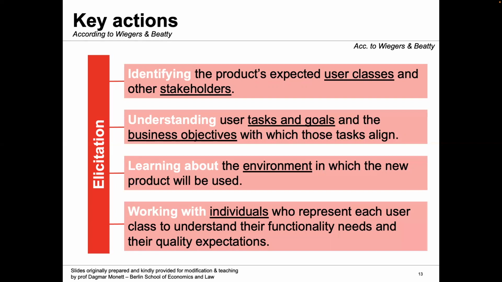The next is working with individuals, the people who are your actual users, to understand what their functionality needs are. So maybe the farmers who are working at the grassroots level may not be so interested in the soil condition, but they want to update themselves on how they can do their trading at a competitive price.